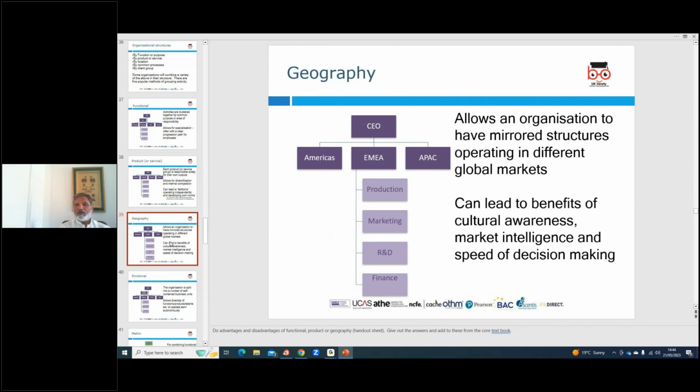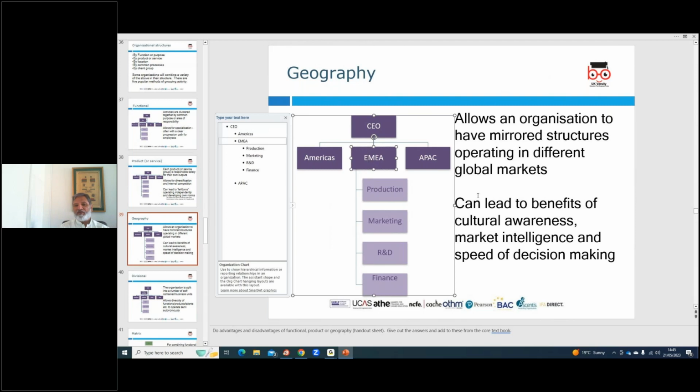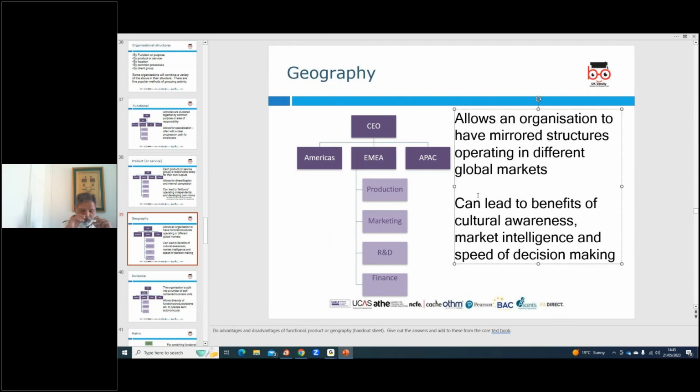Pacific, for example. So here, this geographical function allows an organization to operate in different areas, and they are responsible for everything in that particular geographical region. They are responsible for producing those goods, marketing goods, research, development, financing, and so on.